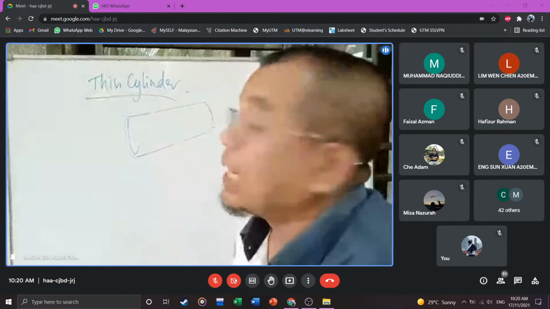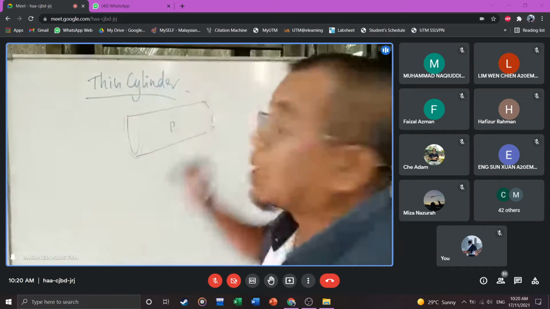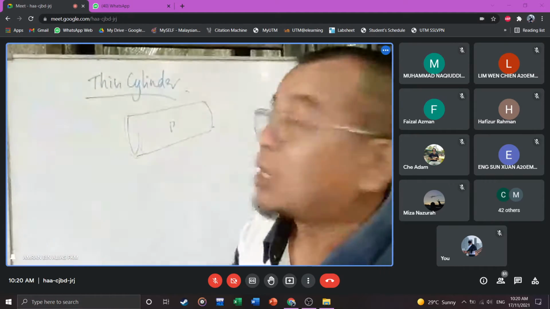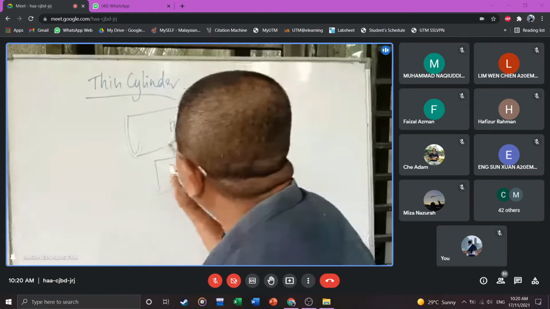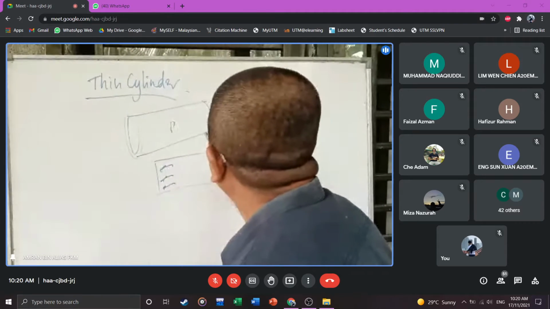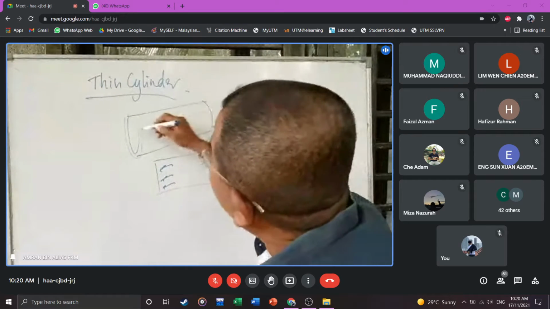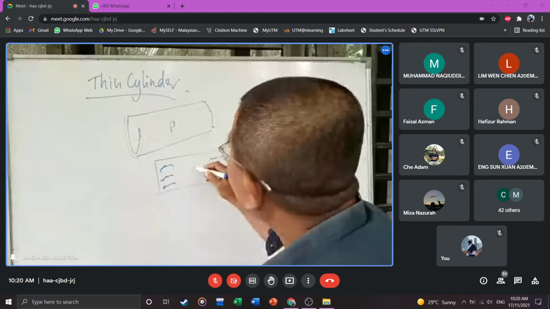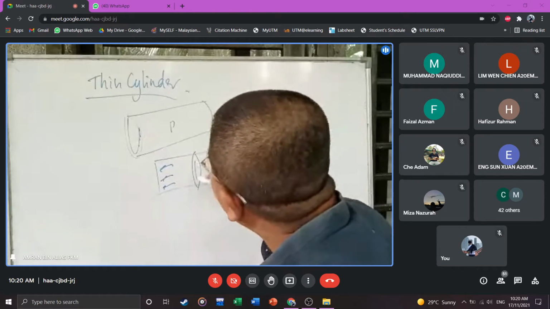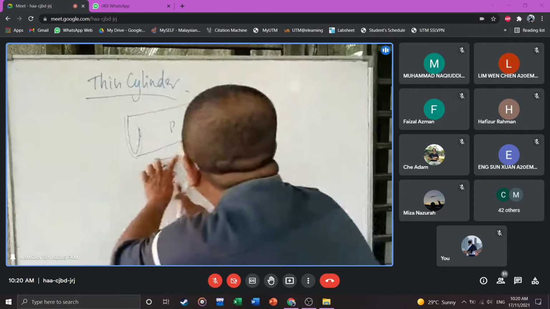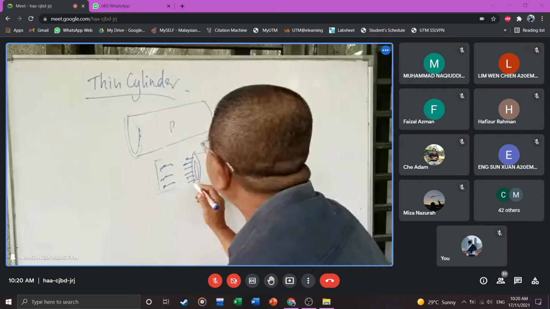So this is a thin cylinder. The pressure inside. Close here, close here. So what do we have? When you close here, the pressure pushes. If you look from the side, pressure pushes on the left. So what happened to the body, the skin here? If we cut just one side, what happened there? There must be stress along that direction, correct?